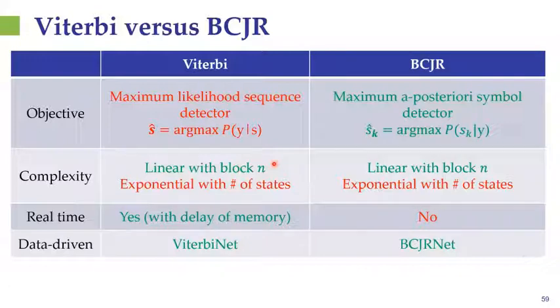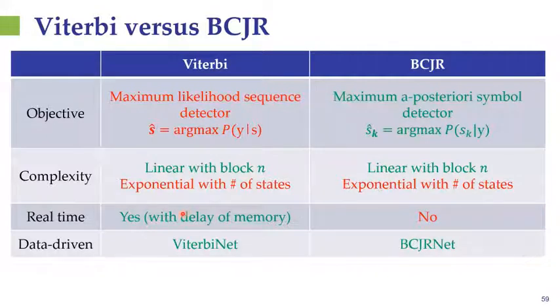So once either the cardinality of the input or the memory grows large, both algorithms become very computationally complex, but it should be noted that typically BCJR is more computationally complex than Viterbi, even though they both grow linearly with the block length. BCJR requires a two-directional recursion, while Viterbi only implements a one-directional recursion, only the forward path.